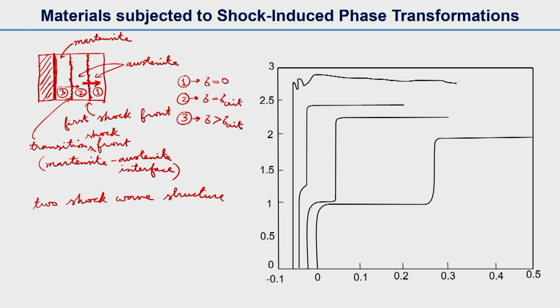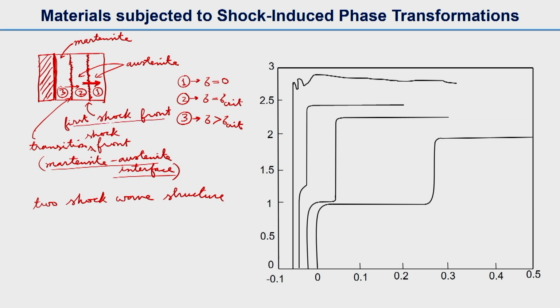That is, the austenite structure transformed to martensite, which we said is a diffusionless transformation. That martensite and austenite interface is also another shock front, now following the first or primary shock front.